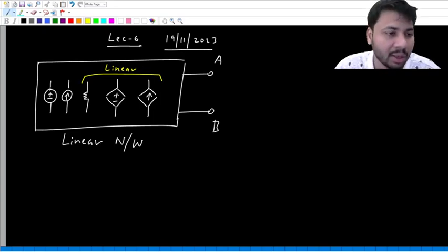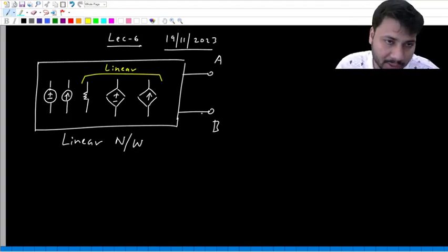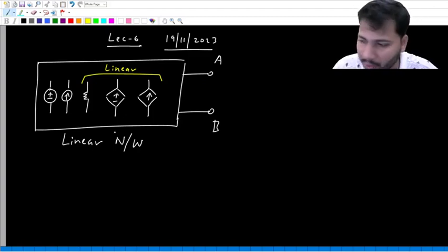That is why we call this overall network a linear network. For this linear network there are only two terminals, and these two terminals form a port. So overall we have a linear one-port network.